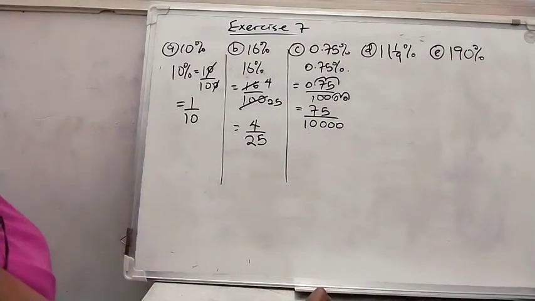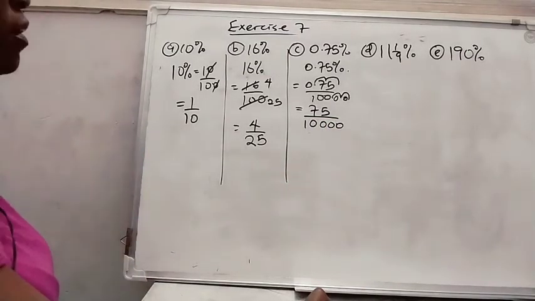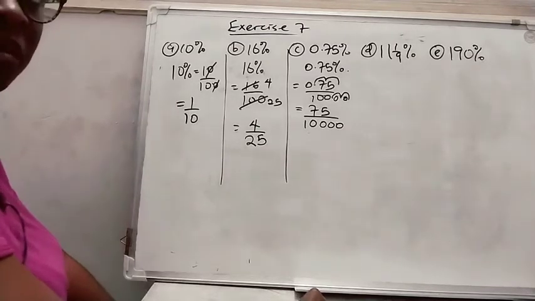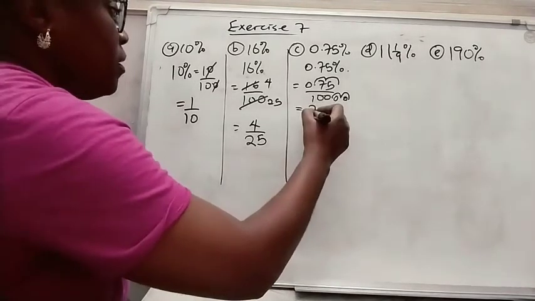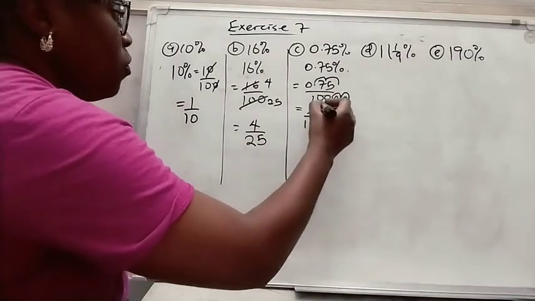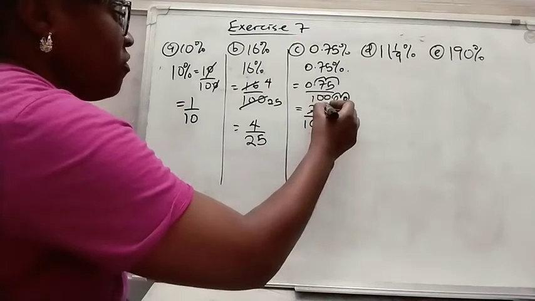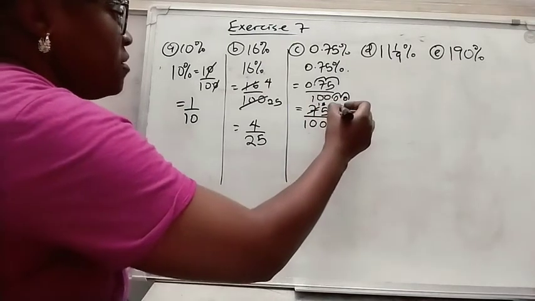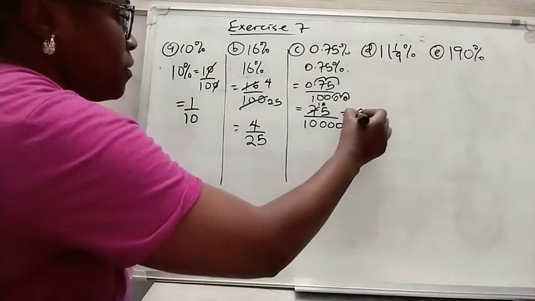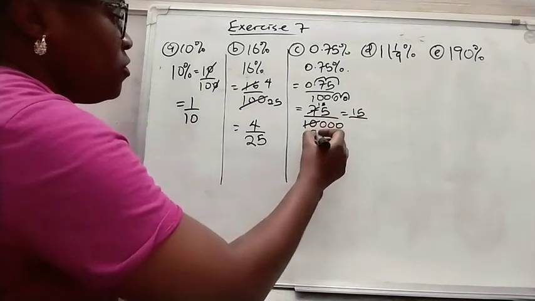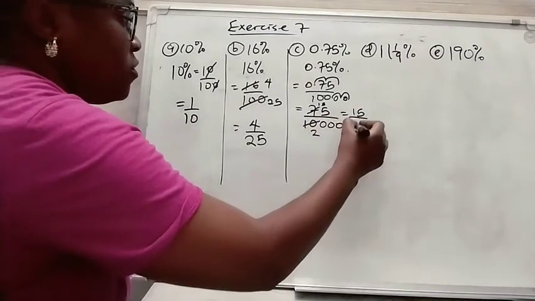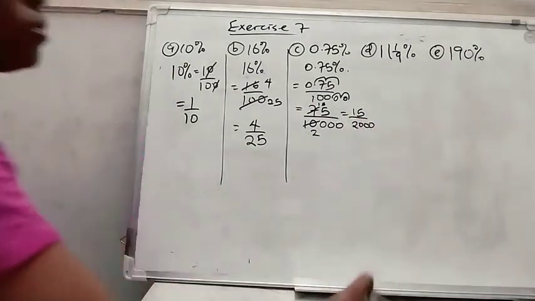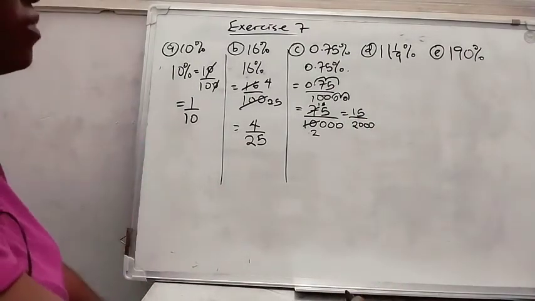75 over 10,000. So first of all, let's try dividing through by 25 or dividing through by 5. 5 goes here 1, 5 goes here 5, that is 15. 5 goes here 2, that is 2000. So we'll try another 5, okay?